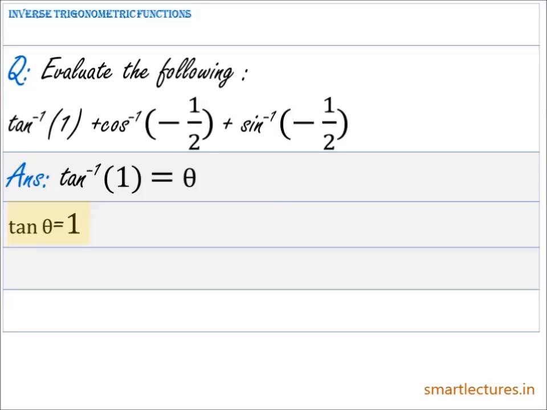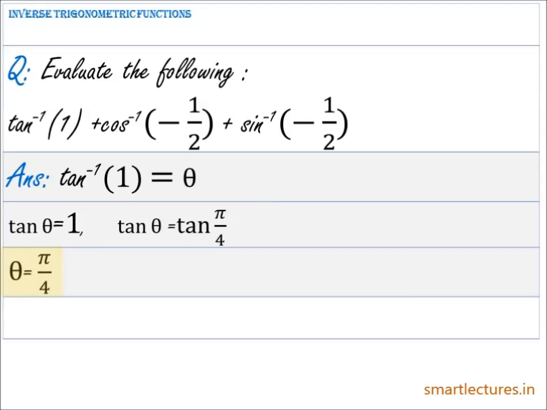And that angle is 45 degree or pi upon 4. So we can write tan theta is equal to tangent of pi upon 4, and that means theta is equal to pi upon 4. So that means tan inverse 1 is equal to pi upon 4.